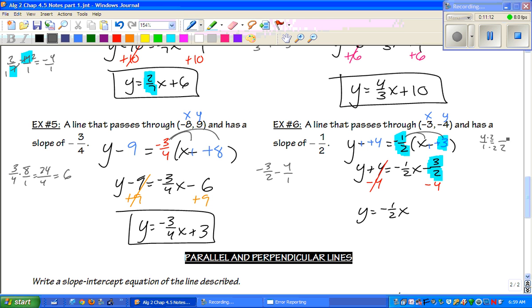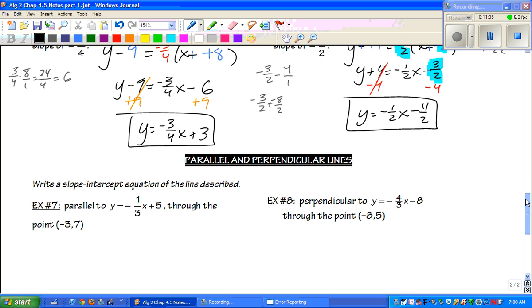So you times it by 2, you times it by 2, and this is really negative 3 over 2 minus 8 over 2. And if you want to do the click, you end up getting negative 11 over 2. Okay? And working with fractions is fine. Okay? Don't be scared. Don't be a math weenie.